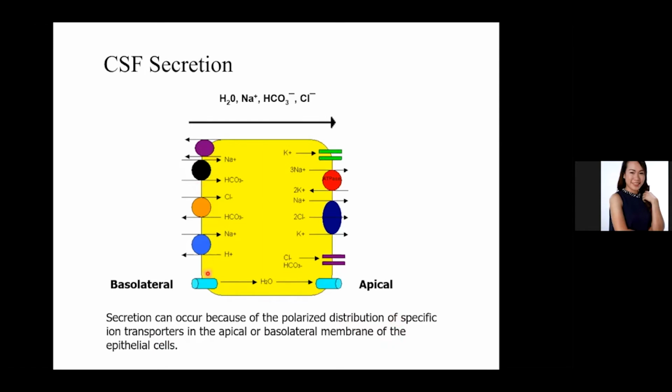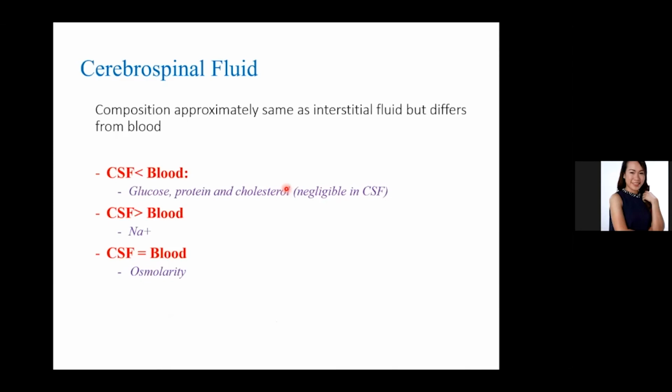So we can see in the basolateral membrane, we have specific ion transporters which are distributed, as well as in the apical membranes of the epithelial cells. So CSF secretion involves the transport of certain ions such as what? You have your sodium, chloride, bicarbonate. So they pass across the epithelium from blood going to the cerebrospinal fluid.